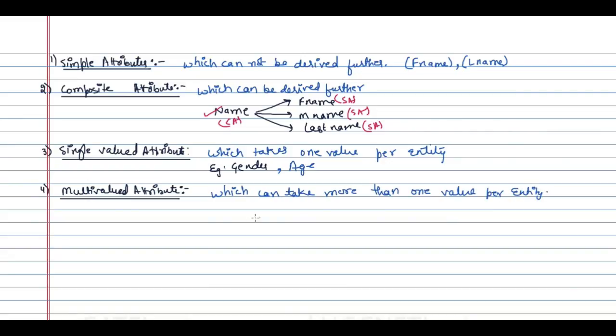For example, we have a phone number. A person can have more than one different phone number. Because we can have more than one phone number, this is called a multi-valued attribute.